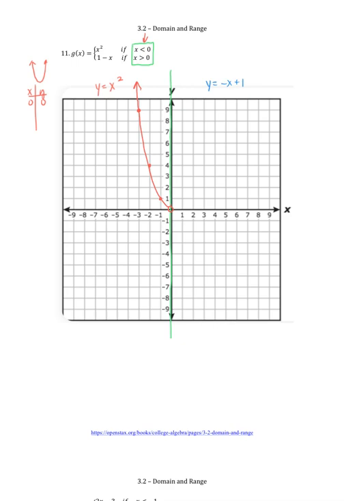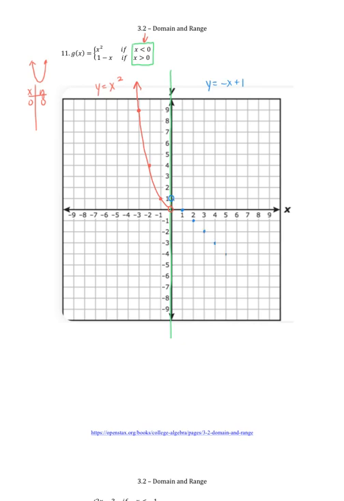Now the blue, this is going to be a linear equation. My y-intercept is 1, so it's going to be at (0, 1), open circle again. And then my slope is -1, so I can go up and left or down and right. The up and left is not going to be helpful because that's going to take me onto the wrong side. So for the -1 slope, I want to go down and right because that's going to take me to the correct side of the green line.